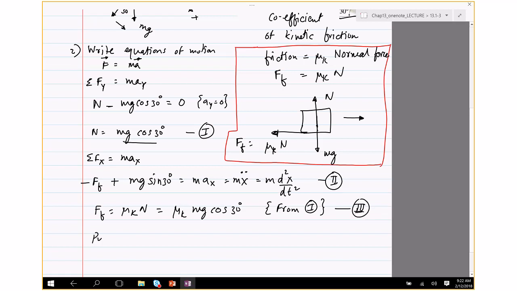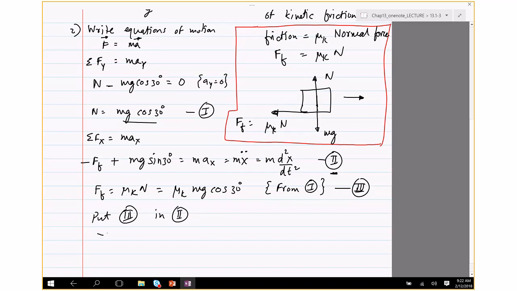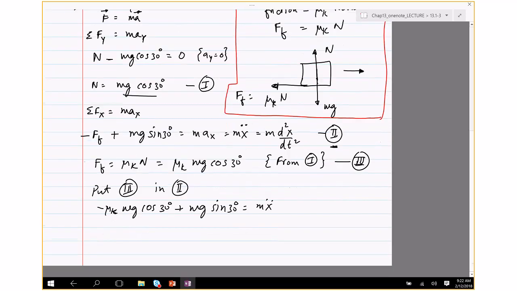Okay, so we can put 3 in 2, which is this equation. So the mass cancels off. We're left with x double dot is minus mu k g cosine 30 degrees plus g sine 30 degrees.